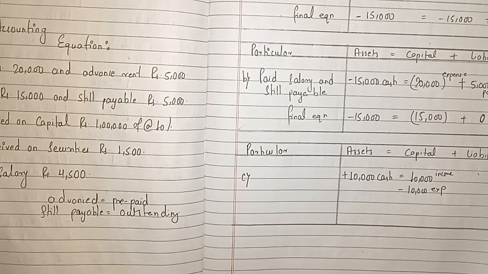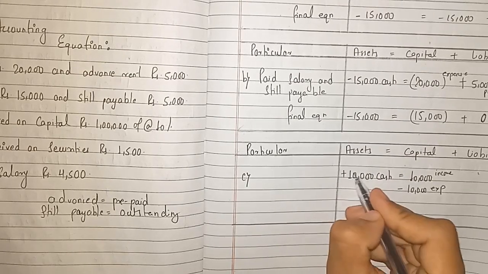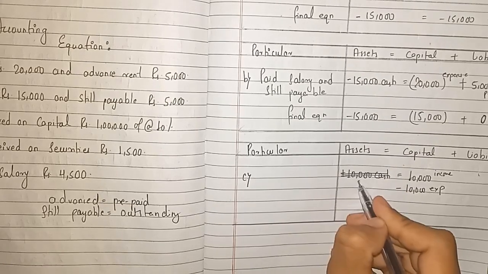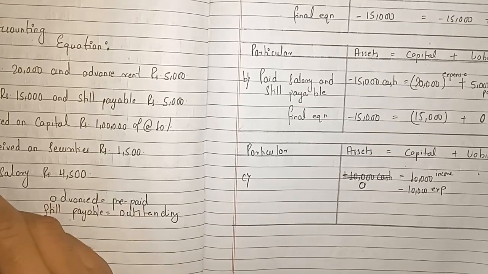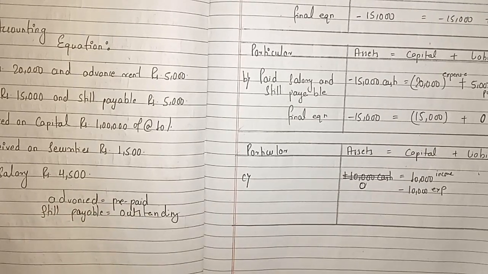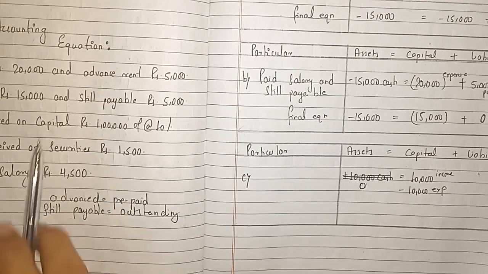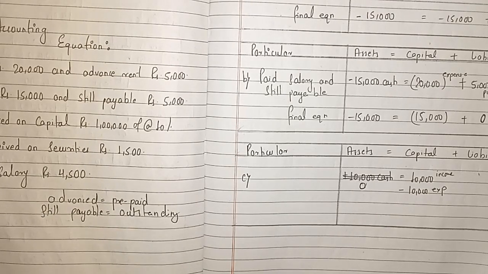You are getting it or not? Sorry, there will be zero effect on the asset side because we have received income on capital. We have not received cash till now. We have received only income. It is showing us details, but it is not in our bank account or cash account.